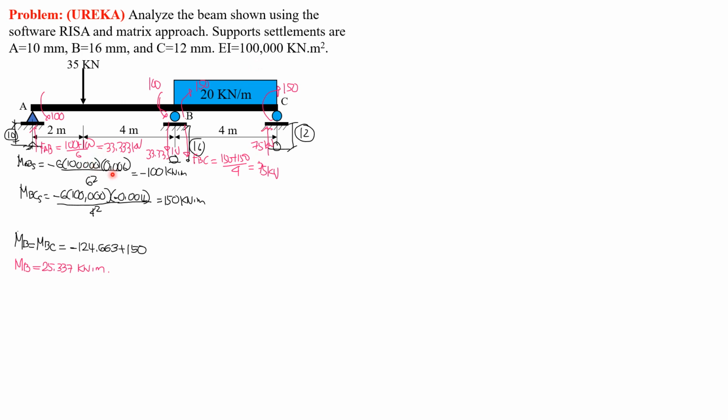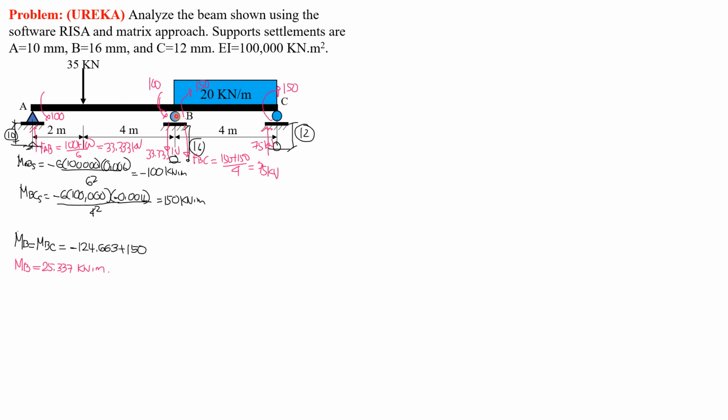Then the relative support settlement delta: if you imagine chord AB, it rotates clockwise, and clockwise rotation is positive by the slope deflection equations. 16 minus 10 is equal to 6 mm, or 0.006 meter, treated positive here. So the fixed end moment for AB due to that support settlement is equal to negative 100 kilonewton meter.